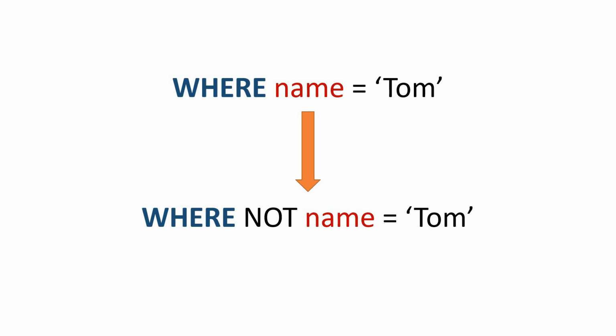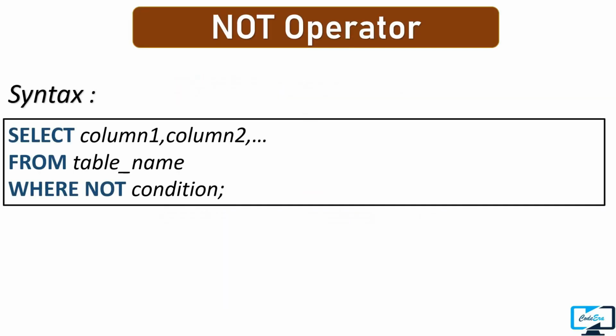So guys, this is the general syntax for using the NOT operator. We have to write the NOT operator just before specifying any condition. So you write select and then the column name, then from, then our table name, and with the where clause we write NOT and then we specify our condition.